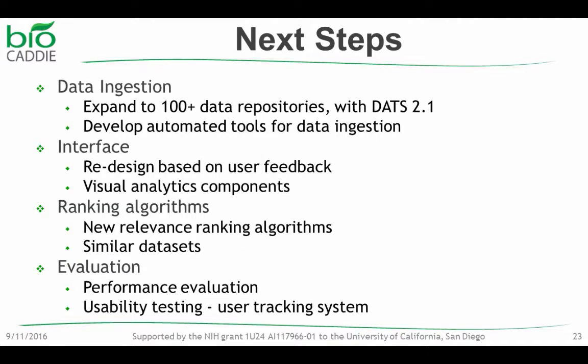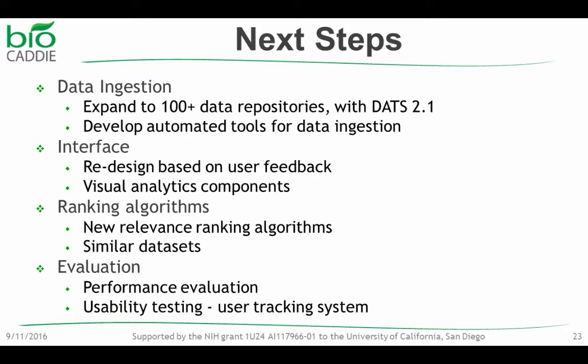In terms of next steps on the data ingestion part, our goal is to include more data repositories, map them to the DATS format 2.1, and develop a more automatic tool for data ingestion, so the repositories can do some of the work by themselves. On the interface side, we may redesign based on user feedback.